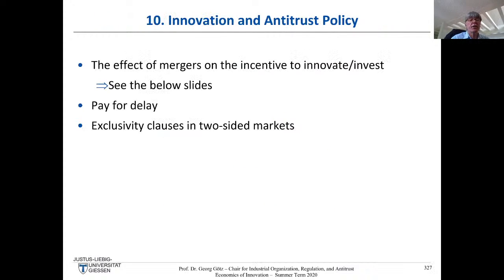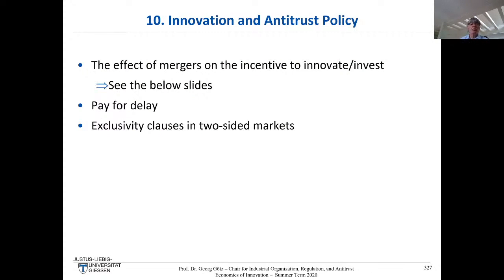Okay, I think this was the part I wanted to present to you on two-sided markets. Before I move on, I make a short break here and ask for questions in WebEx.